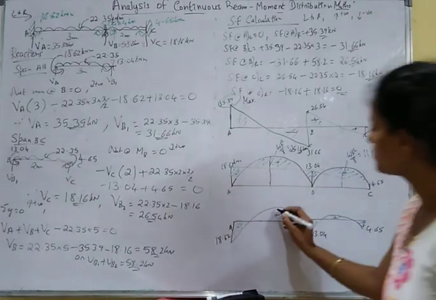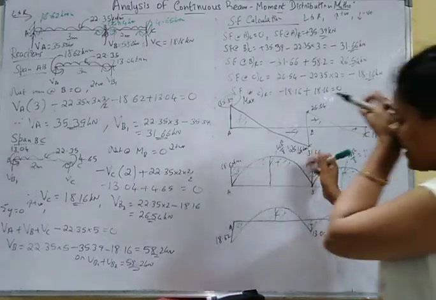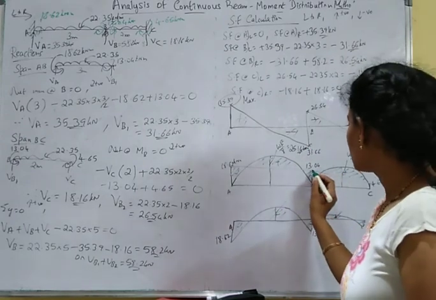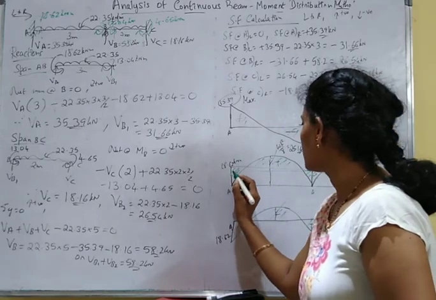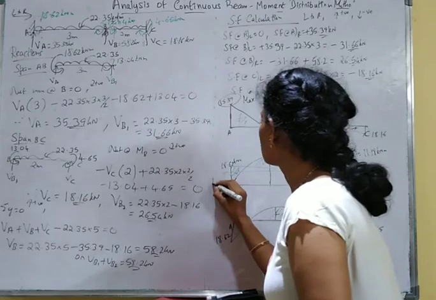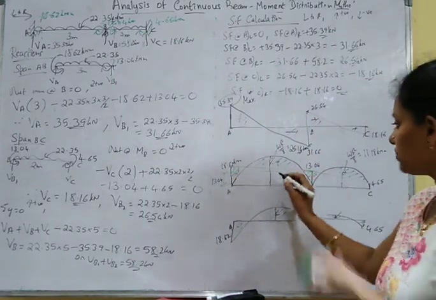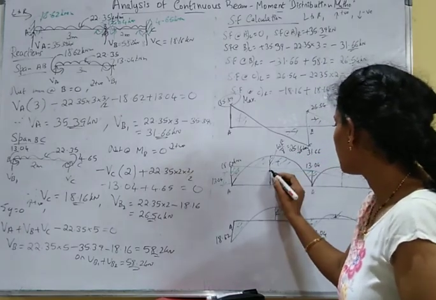Okay, and this value is, just find out here. So maximum bending moment, how much you have? 25.14, and just draw the straight line. This is 13.04. Okay, so here it will be at the center. So at the center it is just 13.04.